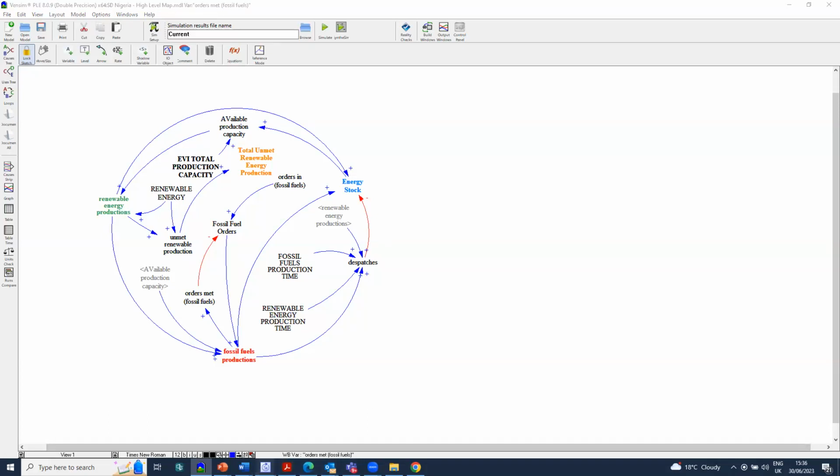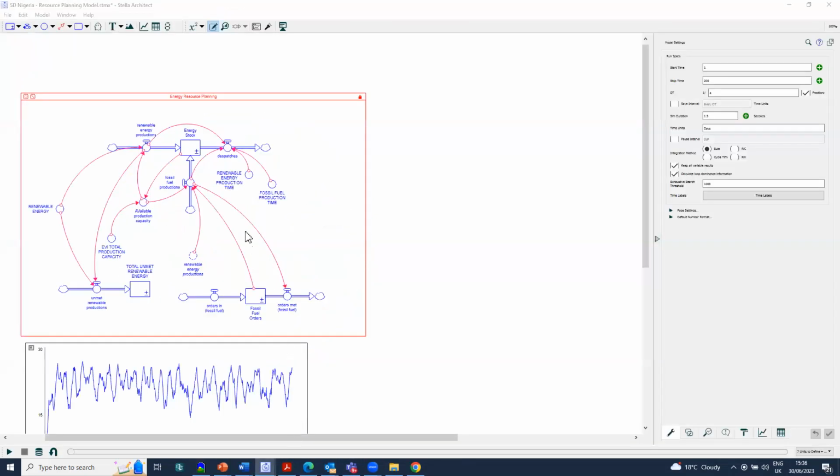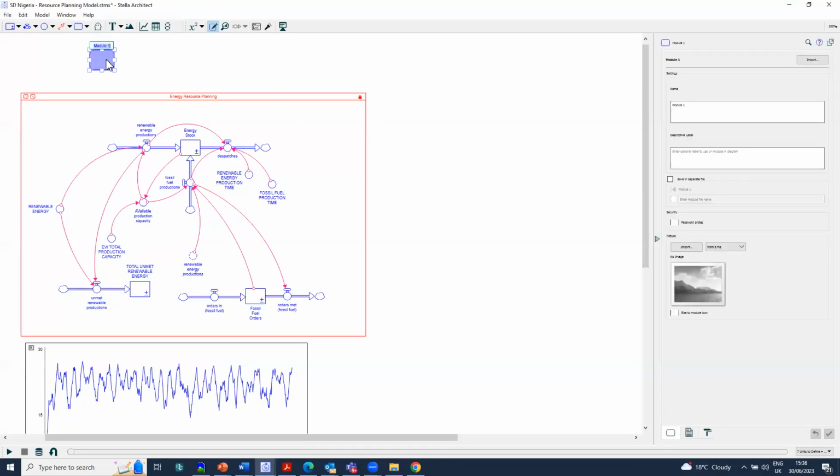So when you are drawing the causal loop diagram for this one, I just give an example here. Let's put this here.